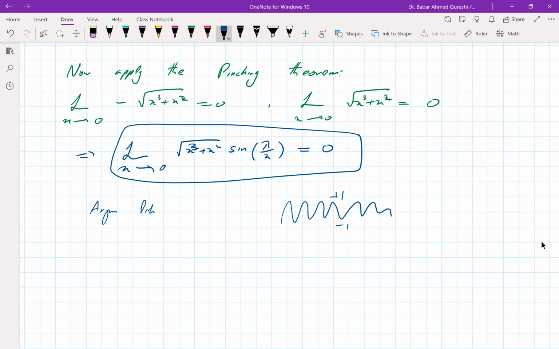And if you take any number between -1 and +1 and multiply with this guy, which is approaching 0, and this gives some number between -1 and +1, so if you multiply any number between -1 and +1 with a 0, you're going to get a 0. So that's all you got here, using more rigorous arguments.